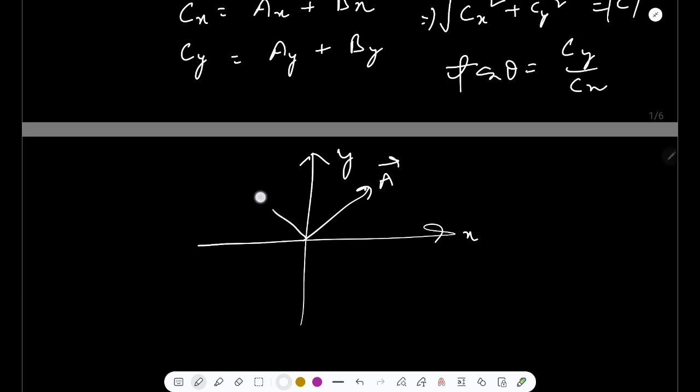If the vector lies in the second quadrant, its x component should be taken as negative and its y component as positive. If the vector lies in the third quadrant, both components should be taken as negative, and in the fourth quadrant, the x component of the vector should be taken as positive and the y component as negative. That is what we do when we use scalar components of a vector.